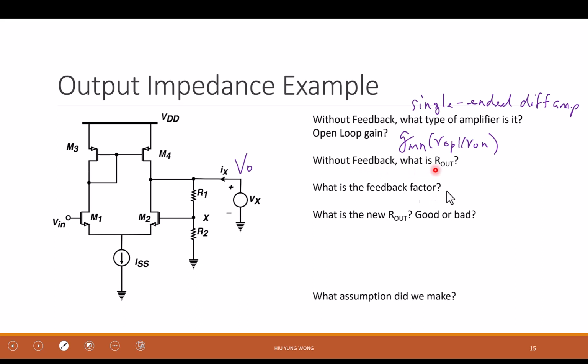Without feedback, what is the output impedance of this single-ended differential amplifier? What do you do? What impedance do you see? I need to ground the input, and then I walk in, apply voltage. What impedance do you see?